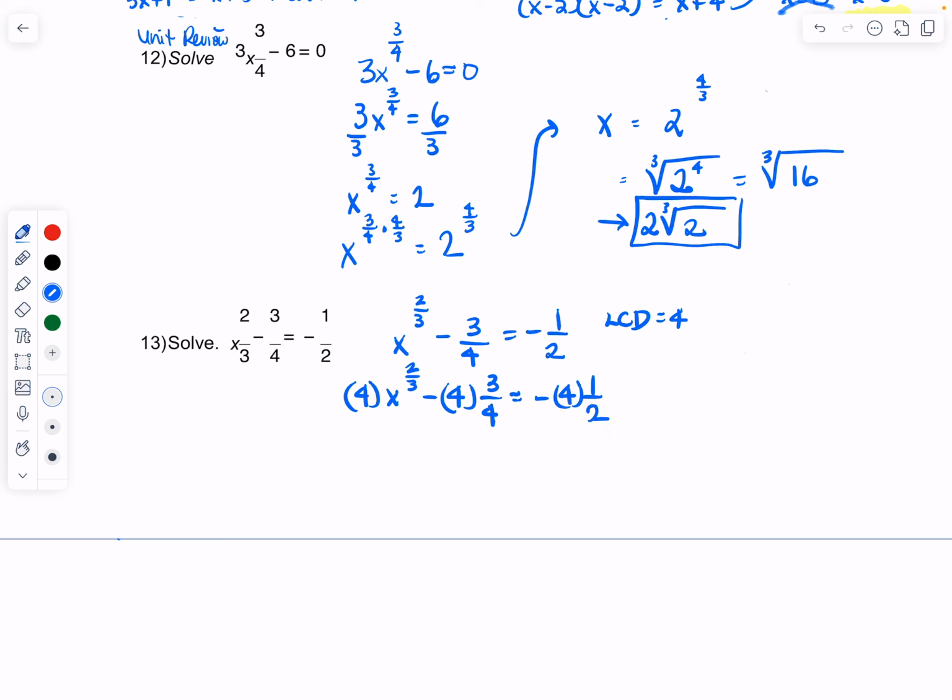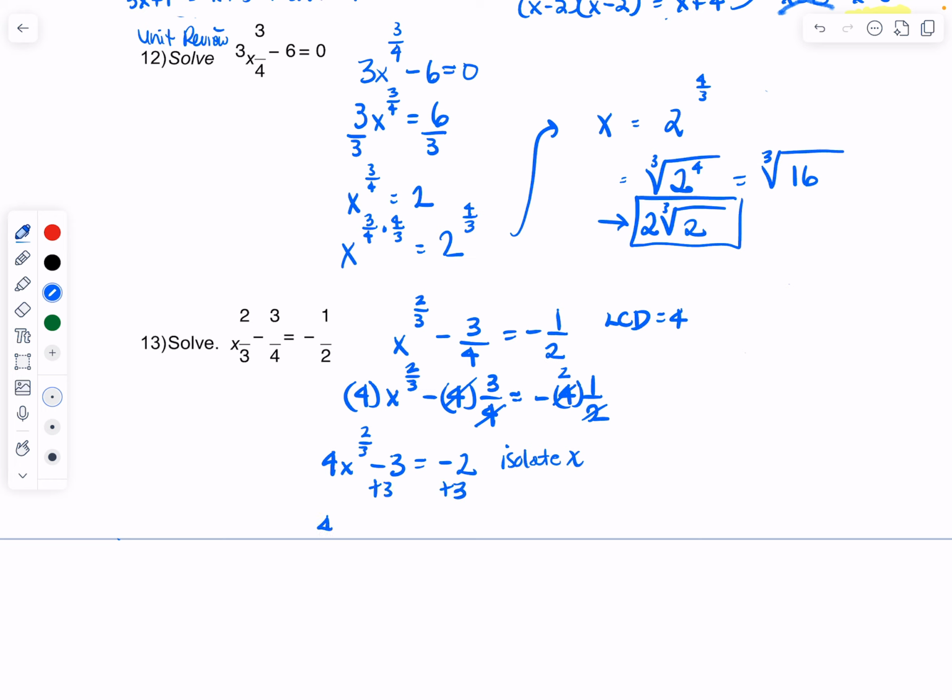Now I'm going to simplify this out. So I get 4x to the 2/3. The 4's cancel each other out, so I'm left with minus 3, and 2 goes into 4 twice, so 2 times 1 is 2. So I get a negative 2 over there. Again, I have to isolate x. So I'm going to add 3 to both sides.